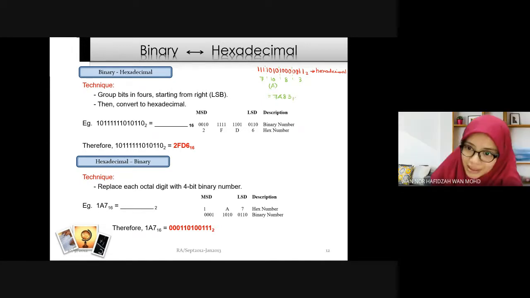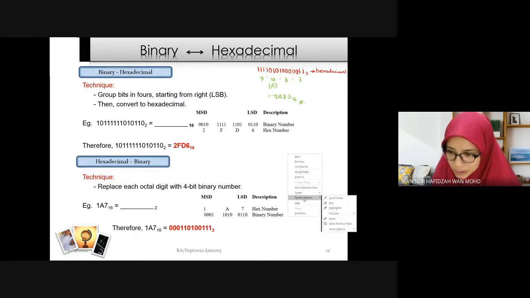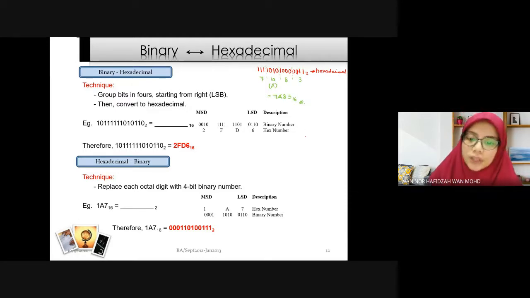Base 16. Okay, so same goes to hexadecimal to binary. For example, we have CAFE.